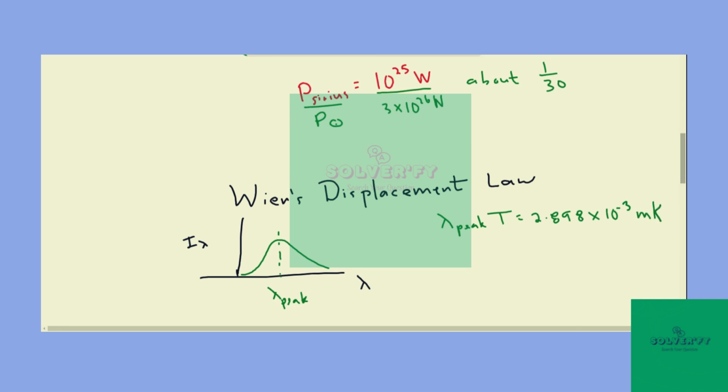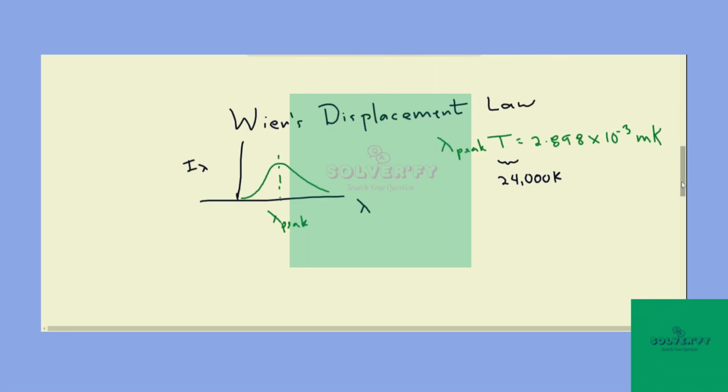So knowing the temperature of Sirius B, which we found was 24,000 Kelvin, these black body laws always use the absolute temperature. We can solve for the peak wavelength lambda. And often you can tell something about the temperature of a star just by looking at its visual color. That's not very accurate.